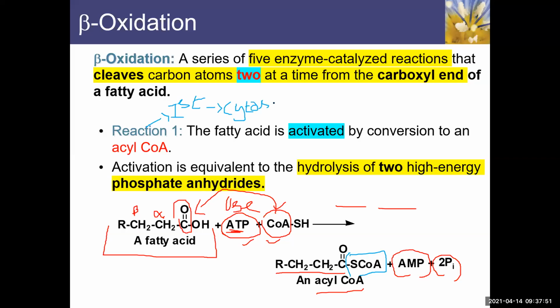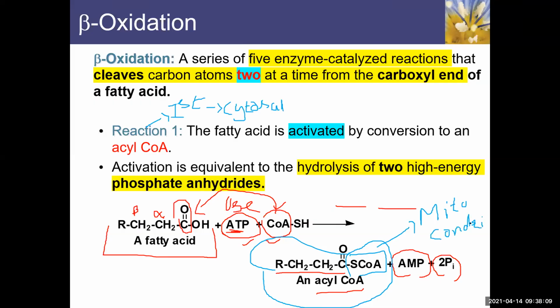Then there is another process, not mentioned in your book, wherein this acyl CoA will be taken into the mitochondria. Then all the other steps will take place in the mitochondria. Very important thing to remember here.